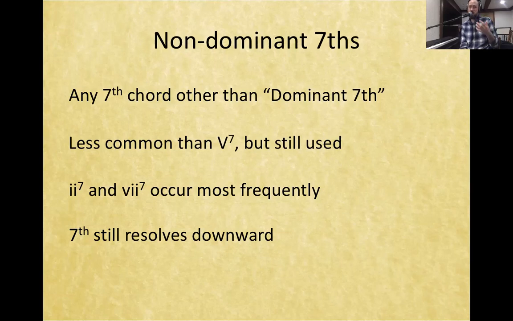And the 7 chord is a little funky because it sometimes is half diminished, it sometimes is fully diminished. And so the only thing that we know for sure is that the 7th is still going to resolve downwards. So there's a little bit of funkiness with this. But let's dive in and start by talking about the 2/7 chord.